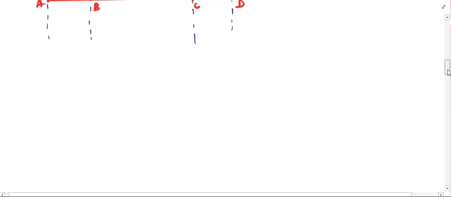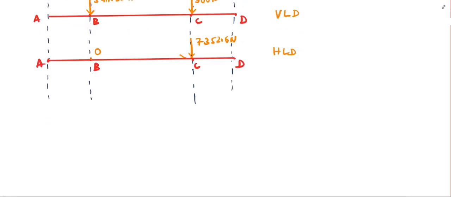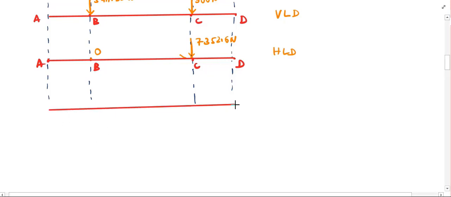Now let us draw the vertical bending moment diagram. So let me extend these values.